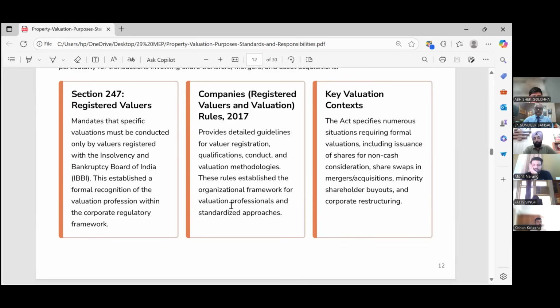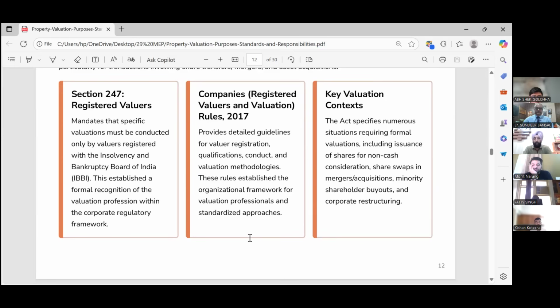So you know the procedure. You have to go through 50 hours of education, then you have to clear a test, and then you will get registered with IBBI. So this is what the Companies (Registered Valuers and Valuation) Rules 2017 stated.